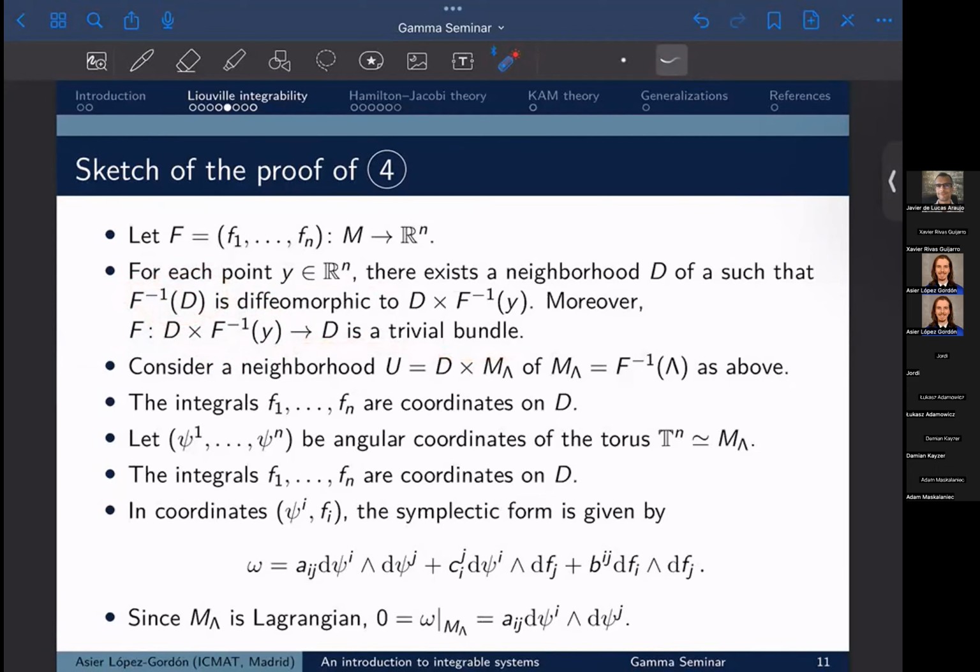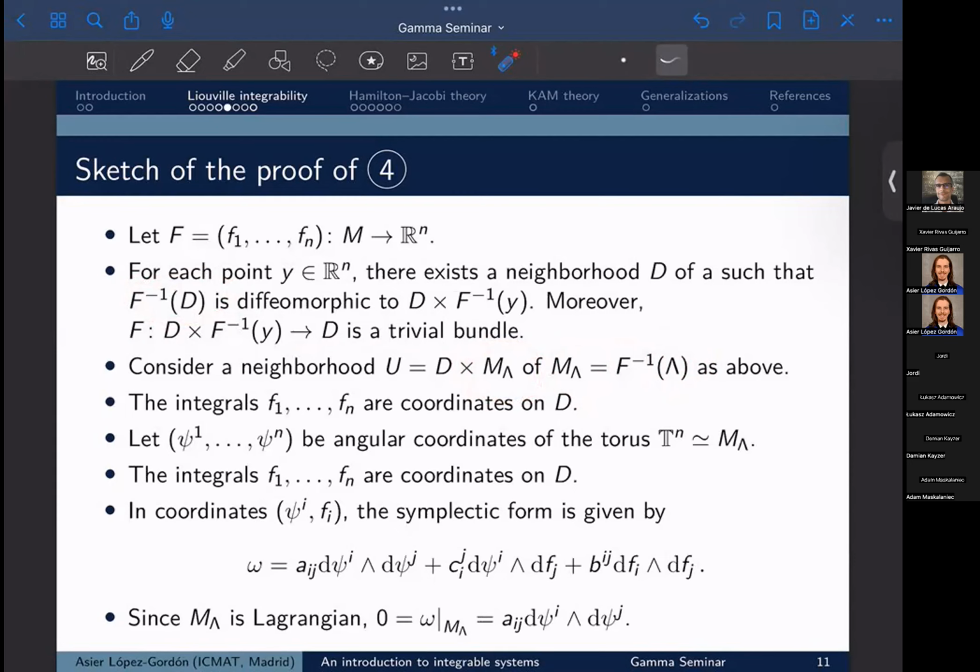Well, we will use this to construct a neighborhood of our submanifold M lambda, because we can write our submanifold M lambda as the preimage of some lambda in Rn, and then we can construct what is called a tubular neighborhood of M lambda in this way.